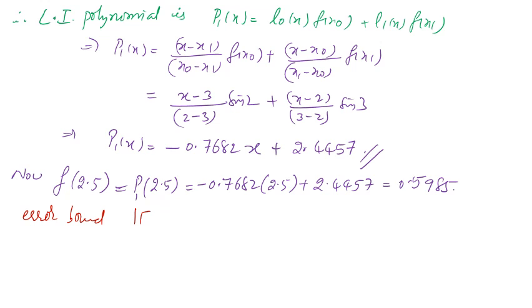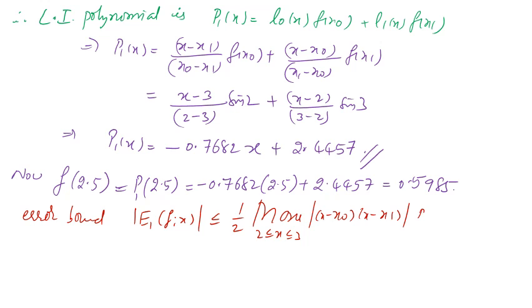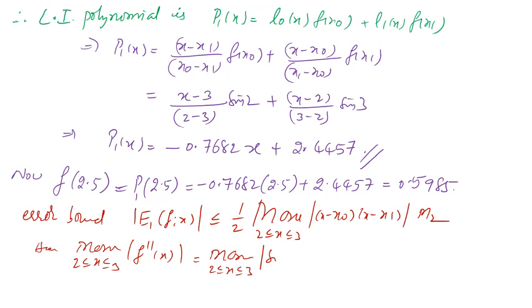Now the error bound. Same formula: E1(f(x)) is less than or equal to 1/2 times the maximum of |x − x0||x − x1| times M2. What is M2 here? M2 is the maximum of |f''(x)| for 2 ≤ x ≤ 3, that is the maximum of |sin x|.